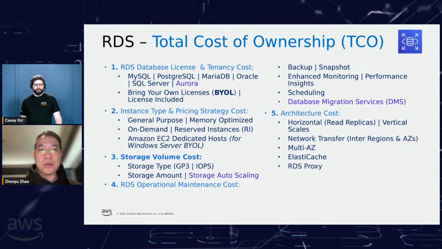For example, your storage: what is the storage type, IOPS, and also the architectural cost, right? What is your horizontal scaling, and also whether you have multi-AZ, whether you modernize that, whether you use a proxy. All of these things will have cost implications.